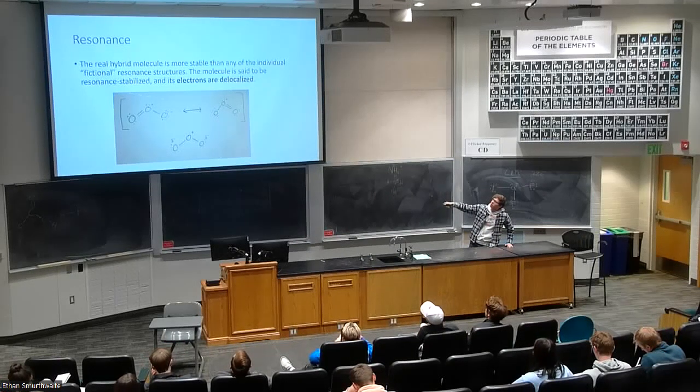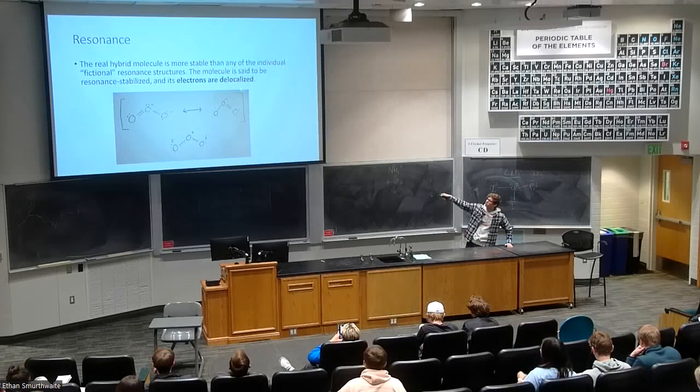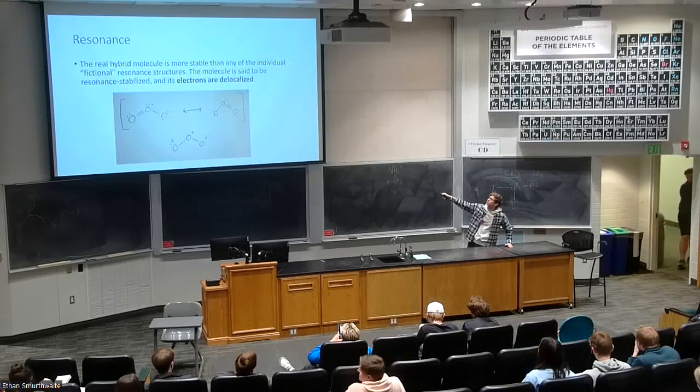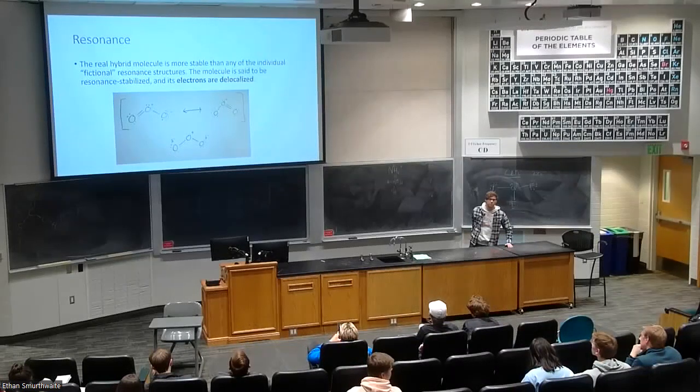So if it says give all of the resonance structures and draw the resonance hybrid, you're gonna do exactly this. You're gonna draw one, and you're gonna do a double-headed arrow, draw another, making sure that you're indicating formal charges where you can or where you need to. And then once you're done drawing all of them, you put them in brackets, put the total formal charge out here. I didn't do that, but I'm bad, so be better than me. And then do the resonance hybrid, which is just the average of all of them.